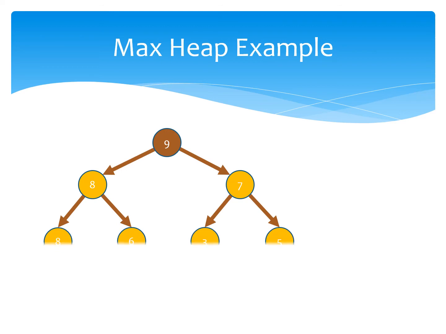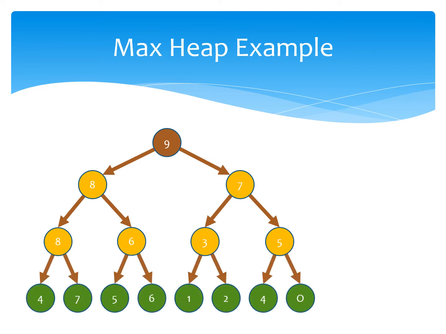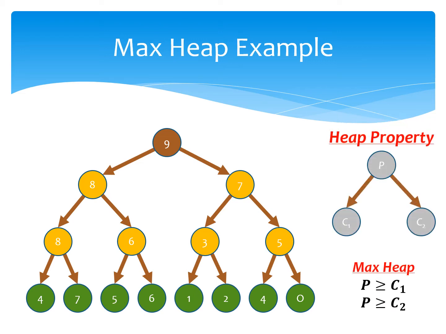This is an example of max heap. The heap property of a max heap is that each parent node is always greater than or equal to its child nodes.